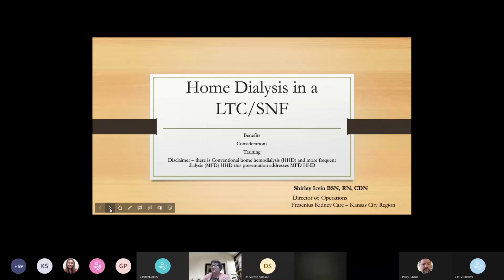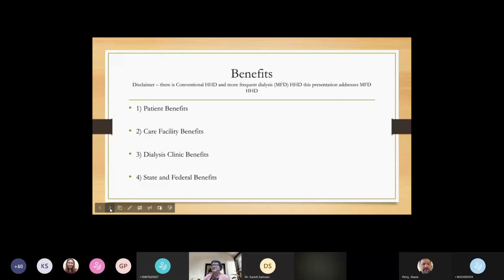As Dr. Sampson stated, there is both conventional and more frequent dialysis that can be done in the skilled nursing facility. Next slide. So we're going to touch on these things throughout this presentation: the patient benefits, the care facility benefits, the dialysis clinic benefits, and then obviously there are state and federal benefits as well.